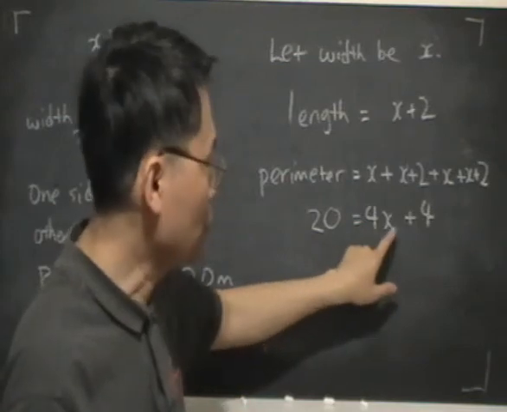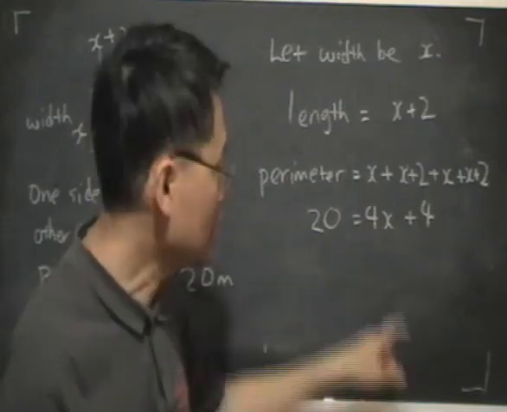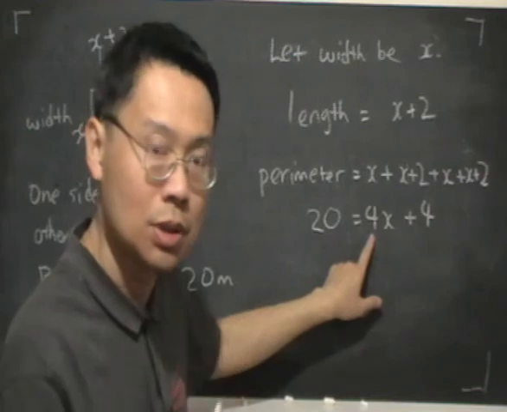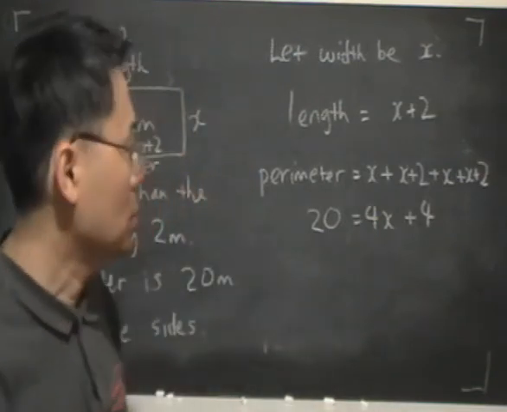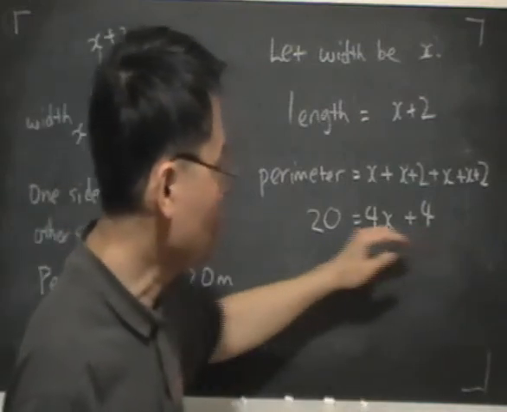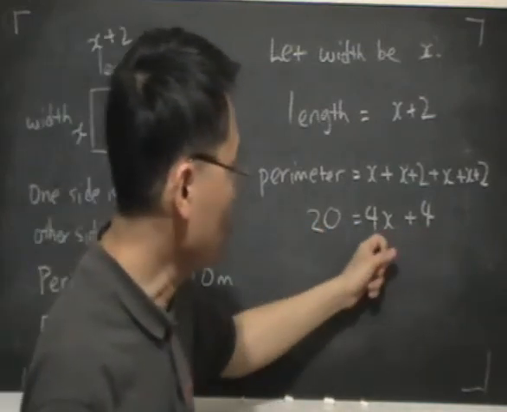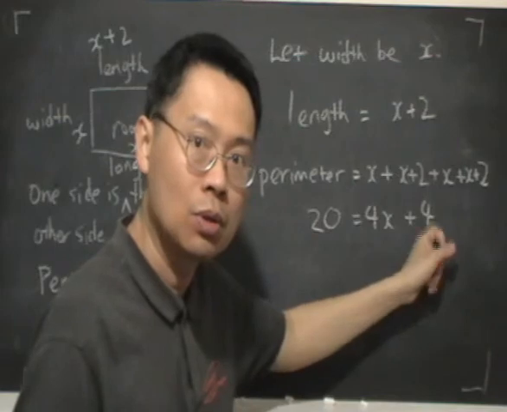It is more tricky if you want to get rid of the times 4 first, because to get rid of a times 4, in this case 4 times x, I need to divide both sides by 4. But if I divide both sides by 4, I must divide both the 4x and the 4.